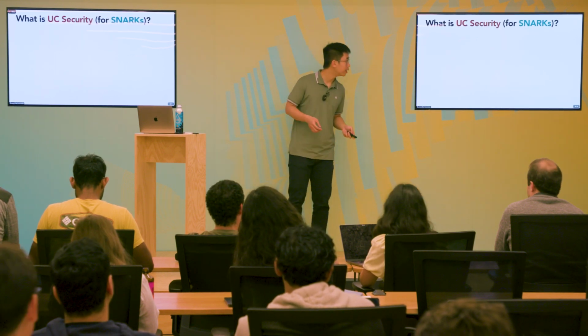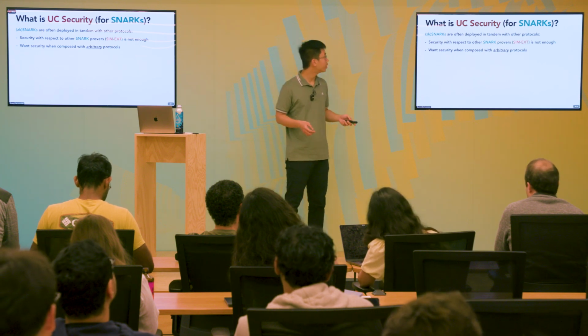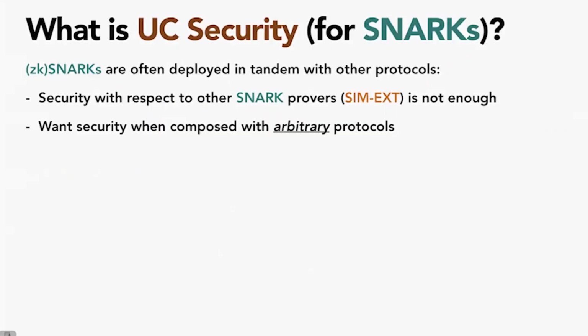So what is UC security anyway? It basically tries to solve the following potential problems. When SNARKs are deployed in the real world, they're usually deployed alongside many other protocols, right? And in this case, it's not enough to just show security with regards to seeing many other proofs.